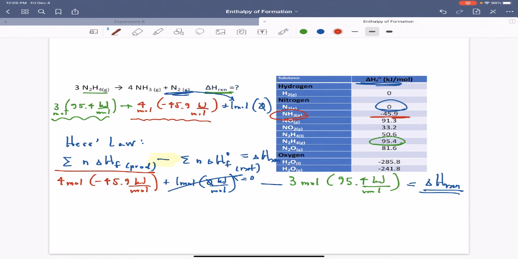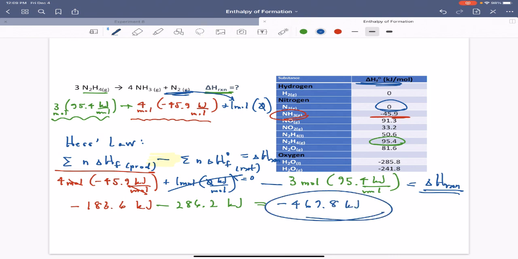Okay, so 4 moles times negative 45.9 kilojoules per mole is negative 183.6 kilojoules. Minus 3 times 95.4 kilojoules per mole is negative 286.2 kilojoules. Combine those: negative 469.8 kilojoules is the energy released when this reaction happens.